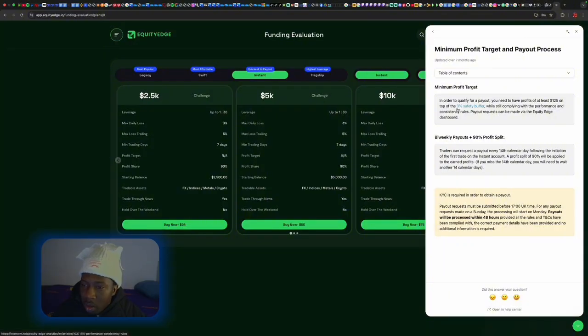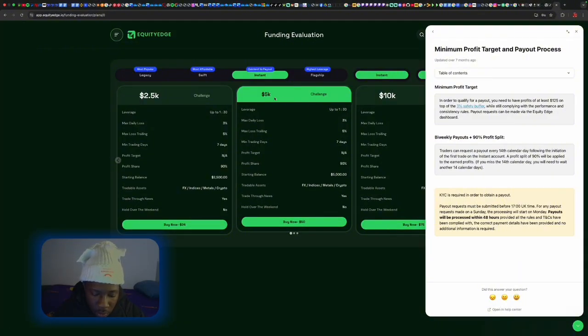So the 3% buffer, from what I have researched, is that for you to be able to withdraw money from an instant account, you need a 3% buffer of the total amount in your account.